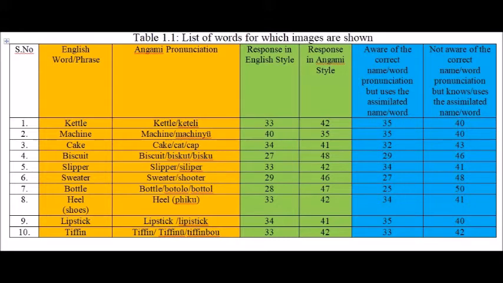The first column is the number of samples who are aware that the word they pronounced is an assimilated name or word. And the second column in blue color are the samples who are not aware of the correct names of words which are spoken in English, but they use the assimilated names or words.